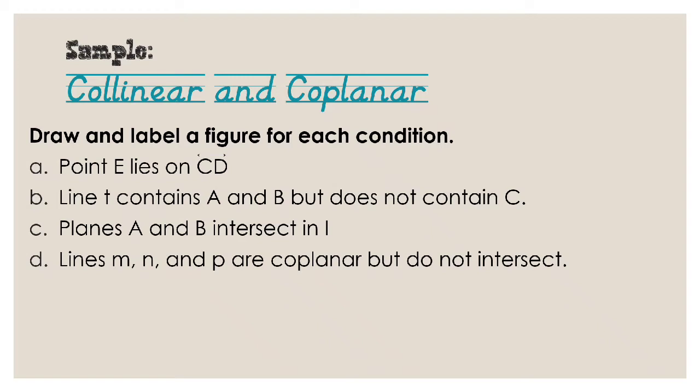Then after you have drawn these 3 lines, label each one of them with small letters M, N, and P respectively. Are you done? Okay, try to check your answers or your drawings.